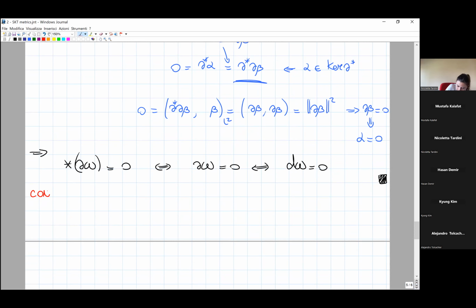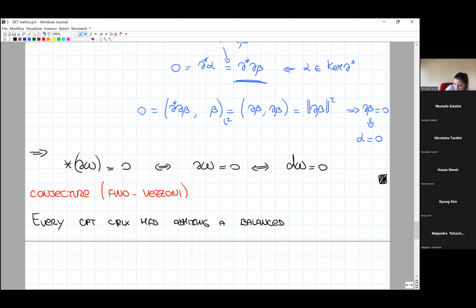It is an open conjecture due to Fino and Vezzoni, the following: that every compact complex manifold admitting a balanced, let me call this omega 1, and an SKT metric, let me call this omega 2, also admits a Kähler metric.